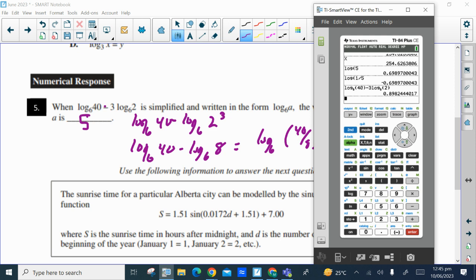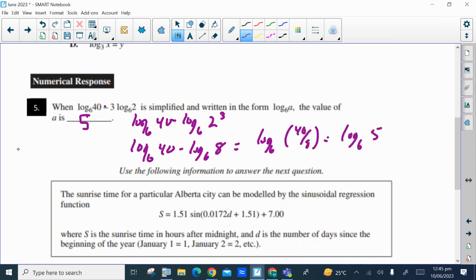Well, when we put log base 6 of 5 in, we should get the same number. And you do. So the answer we got is correct. It equals what we started with. So in this case here, that first box would be filled in, everything else would be blank.